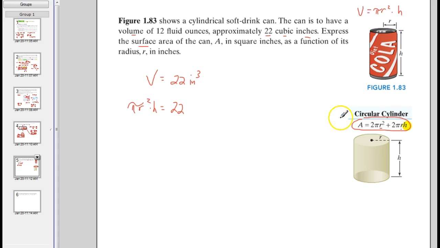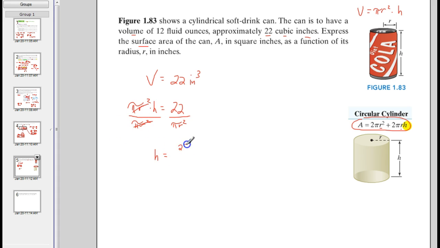Okay, now what are we trying to do? We're trying to get this equation down here to not have any h's in it. So I take another formula that relates r to h in some way, and since they give me volume, I'm going to use the volume formula, and I'm going to solve it for h so I can sub it out of here. So I'm going to solve for h by dividing by pi r squared. That'll get h isolated.